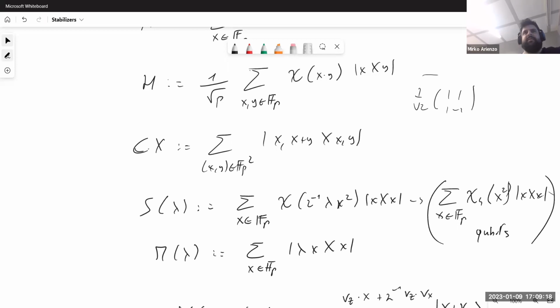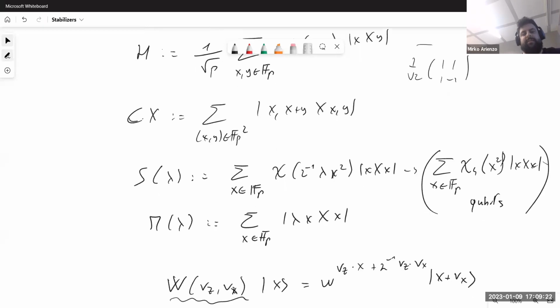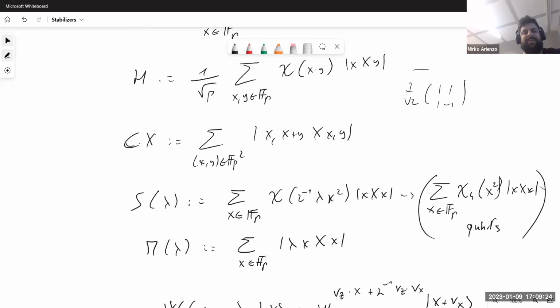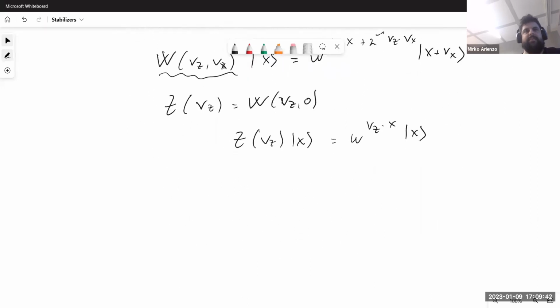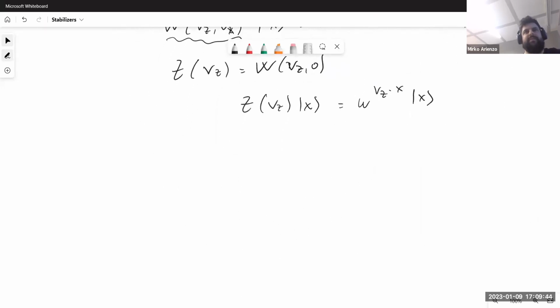But the other definitions are exactly the same. And in this case, if you restrict yourself to the right hand, then you retrieve exactly C naught or whatever. But the important thing is that we still have the same generators.